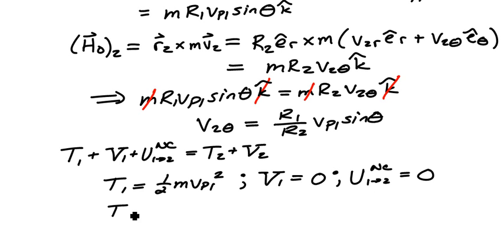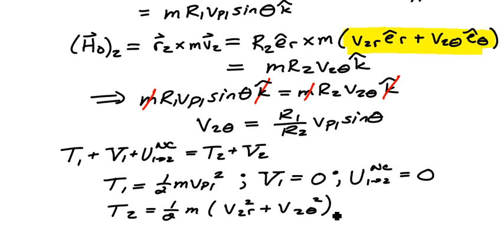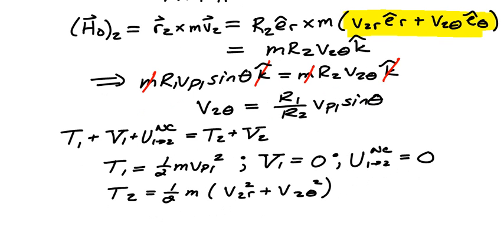At the final state, we're going to have a kinetic energy given by 1/2 m times the final speed squared. If we refer back to above, this being the total velocity of the particle at the second state, that tells us that the total speed squared is going to be v2r quantity squared plus v2 theta quantity squared, where we already have determined v2 theta. And finally, V2 is going to be 1/2 times k times the amount of stretch in the spring, which in this case is going to be r2 minus the unstretched length r0, quantity squared.